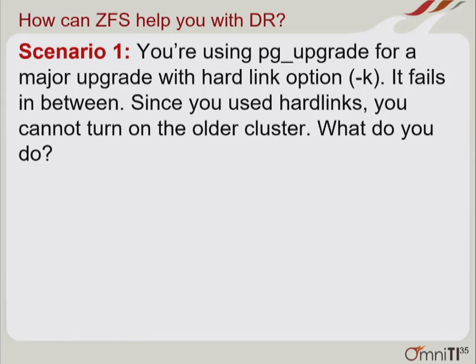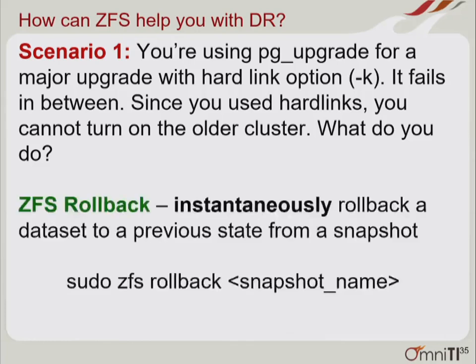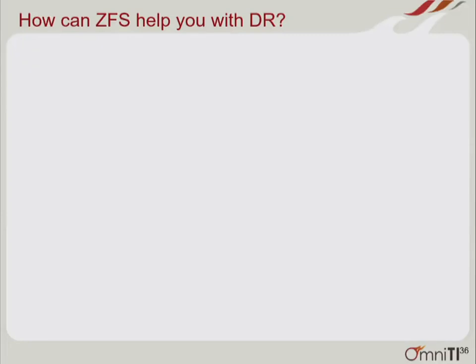You cannot go back and use your older data. However, if you're taking ZFS snapshots, you can use the ZFS rollback command to roll back to a particular snapshot in time, and hence, if an upgrade fails, you can continue to use your older cluster like nothing ever happened. So it's almost magical, almost.